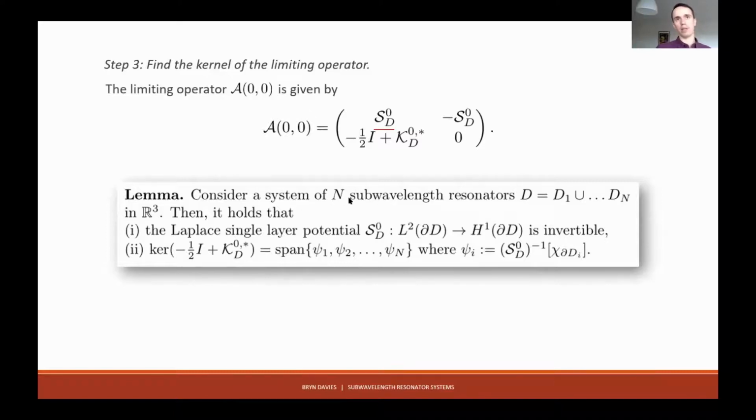And secondly, that the eigenspace of the Neumann-Poincaré operator corresponding to eigenvalue 1/2 has a basis like so, given by these functions, which you'll recognize as being the integrands in the definition of the capacitance coefficients, which is exactly where that comes from. And so with this in hand, we can then move on to studying the problem for non-zero frequency and material contrast delta.